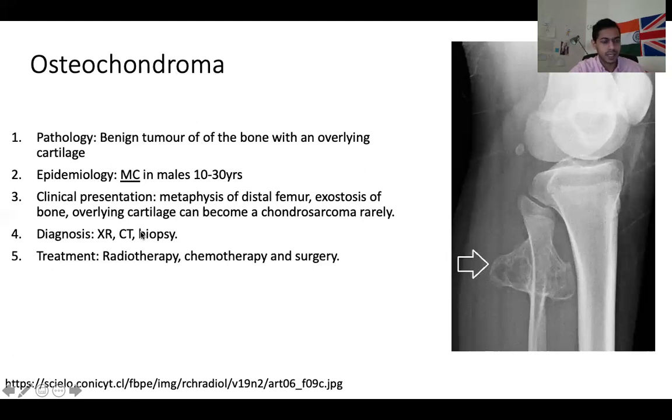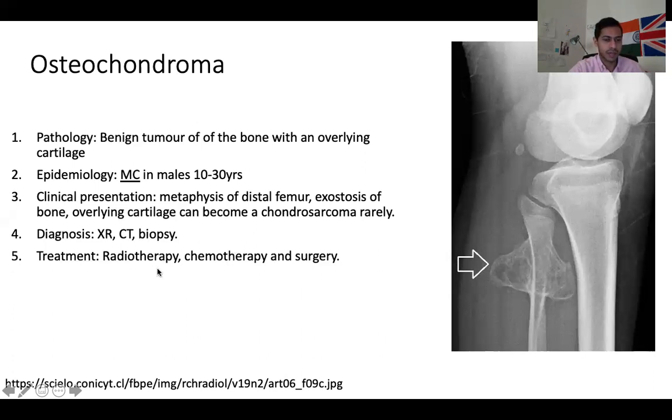Once again, diagnosis is the same. But with the osteochondroma, we can use radiotherapy, chemotherapy, and surgery. And usually surgery is very much a last resort. It would tend to be limb-sparing surgery rather than any other options.